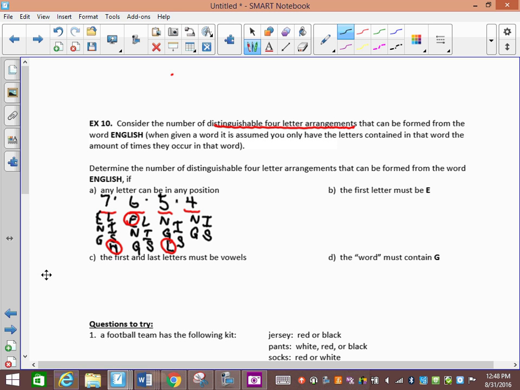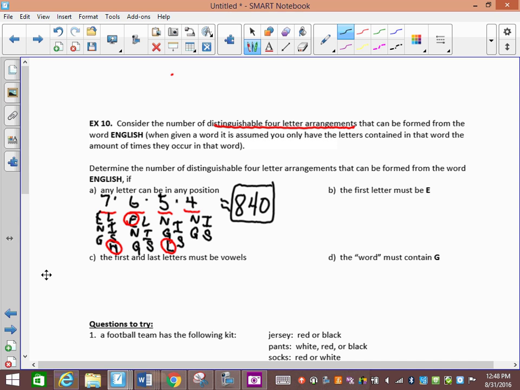And I multiply them. 7 times 6 times 5 times 4. So I have 840 different 4-letter words that I can make if I have no restrictions. Okay? From the word English.